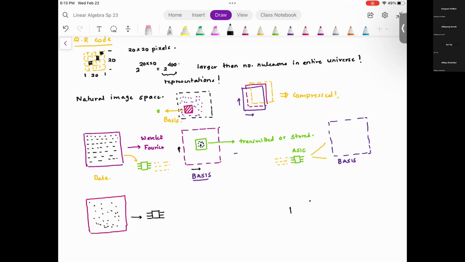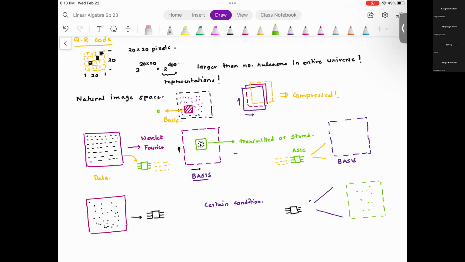It happens that, as long as you meet certain conditions, and today we will look at those conditions, you are able to reconstruct this whole image based on this randomly sampled data.